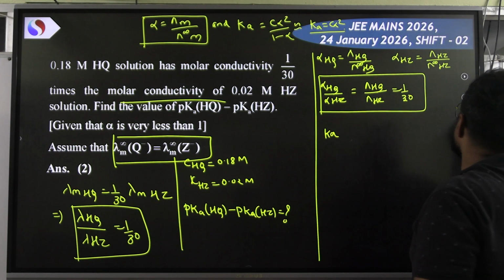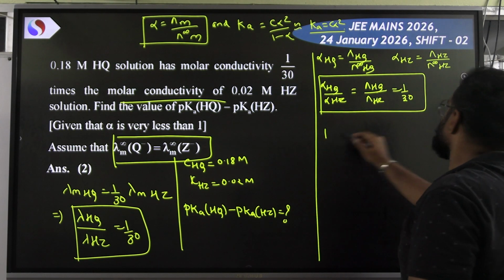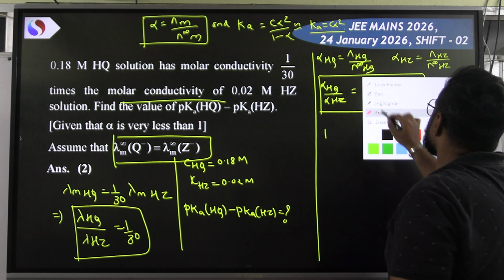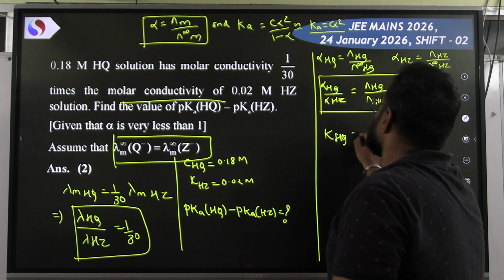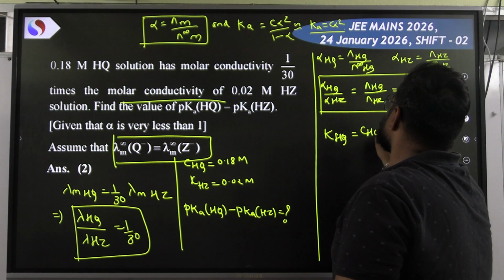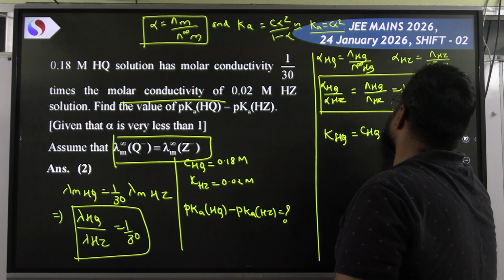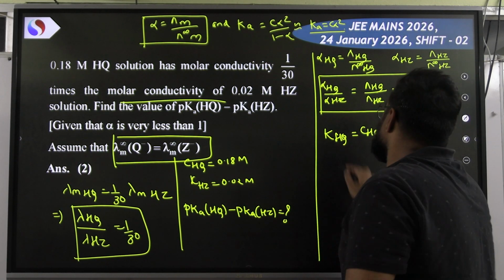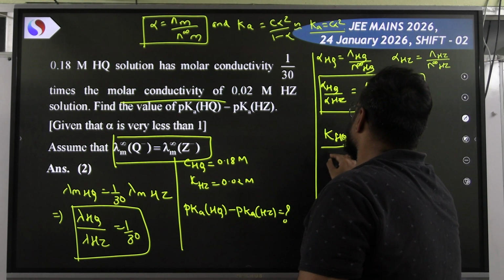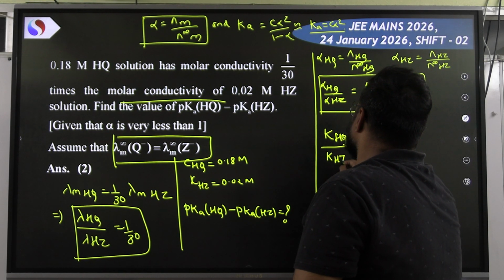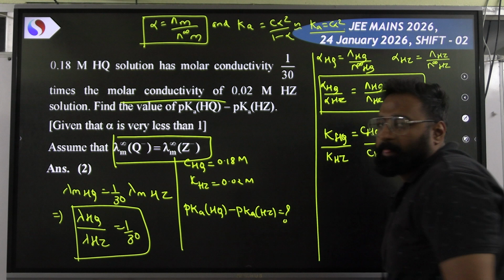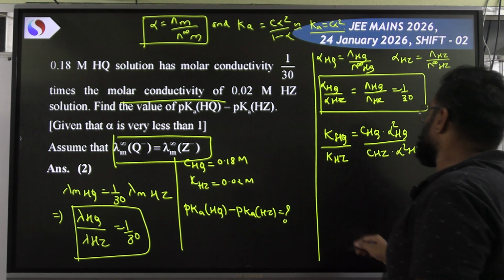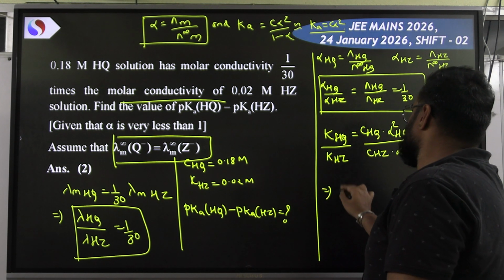Chalo. Now what is Ka? We will use the formula of Ka. So what I will do? K of HQ upon K of HZ is equal to C of HQ into alpha square of HQ, divided by C of HZ into alpha square of HZ. Correct? Now solve this equation.